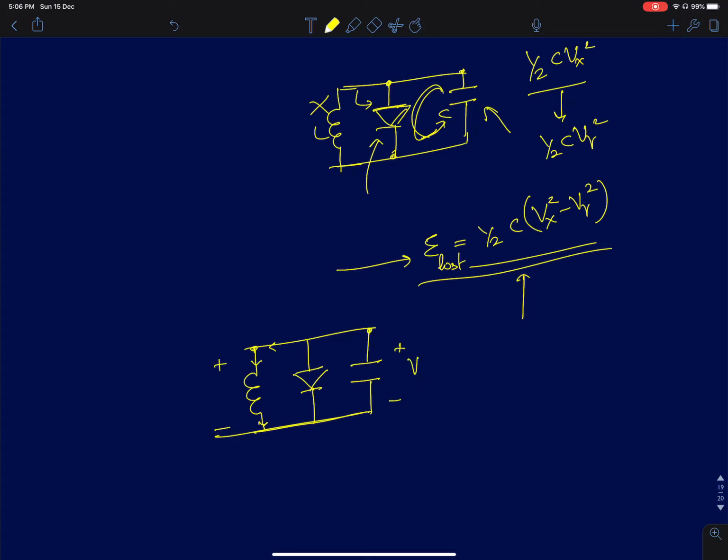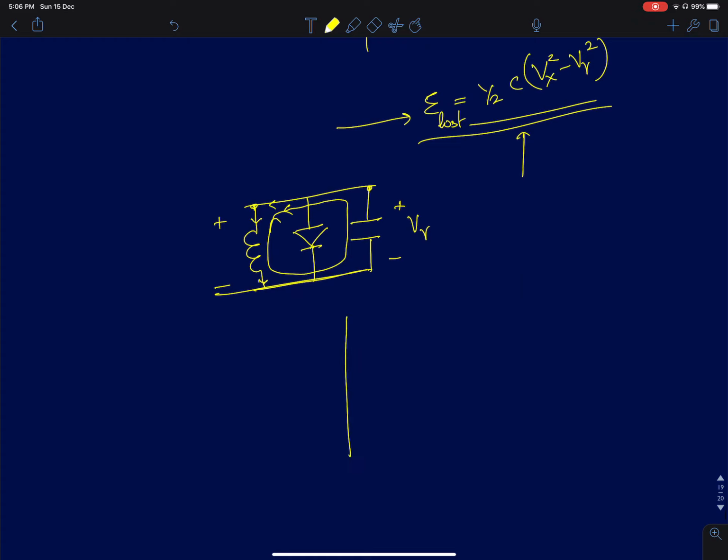So this is V gamma now. The voltage has come to V gamma, and this current will flow like this in the circuit. Once your voltage comes to V gamma or slightly less than V gamma, your diode is not going to conduct anymore.